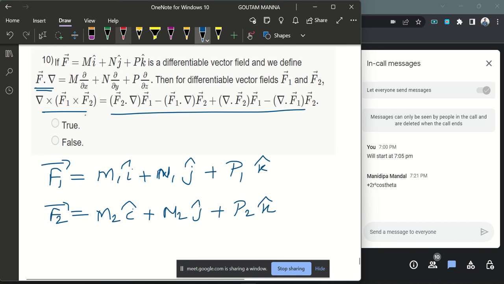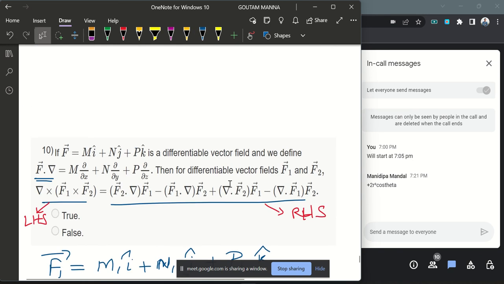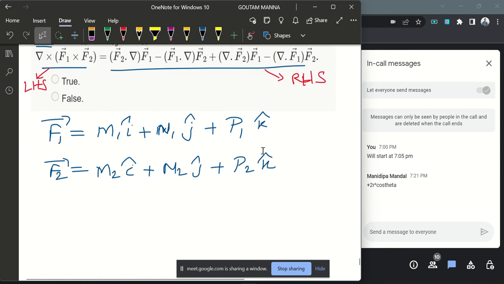Let's call this LHS, and let's call this RHS. So first calculate LHS, and then we will show that it matches with RHS. We'll calculate this LHS and RHS individually.